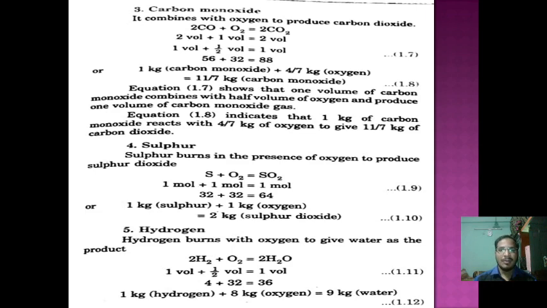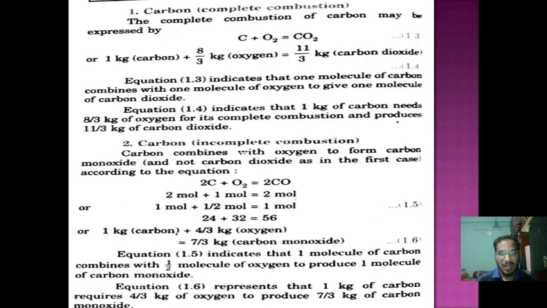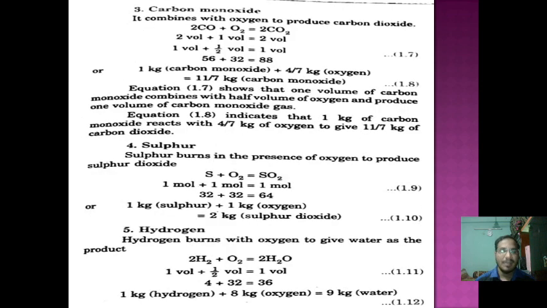In that carbon monoxide, the second one is just the carbon we are taking, and it produces carbon monoxide. If we are taking the carbon monoxide directly into the air fuel mixture in the cylinder, what will happen? It combines with oxygen to produce carbon dioxide.